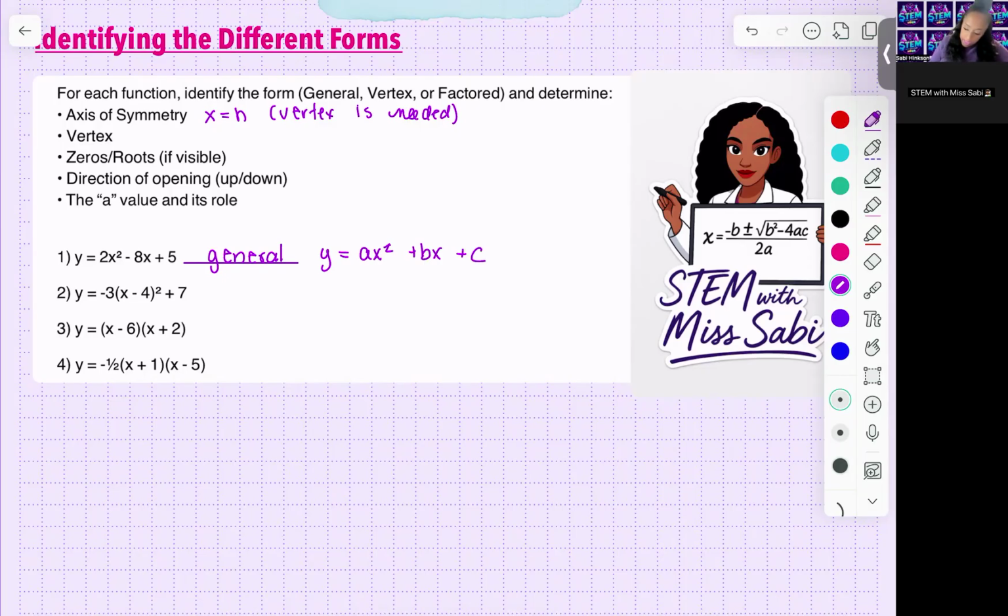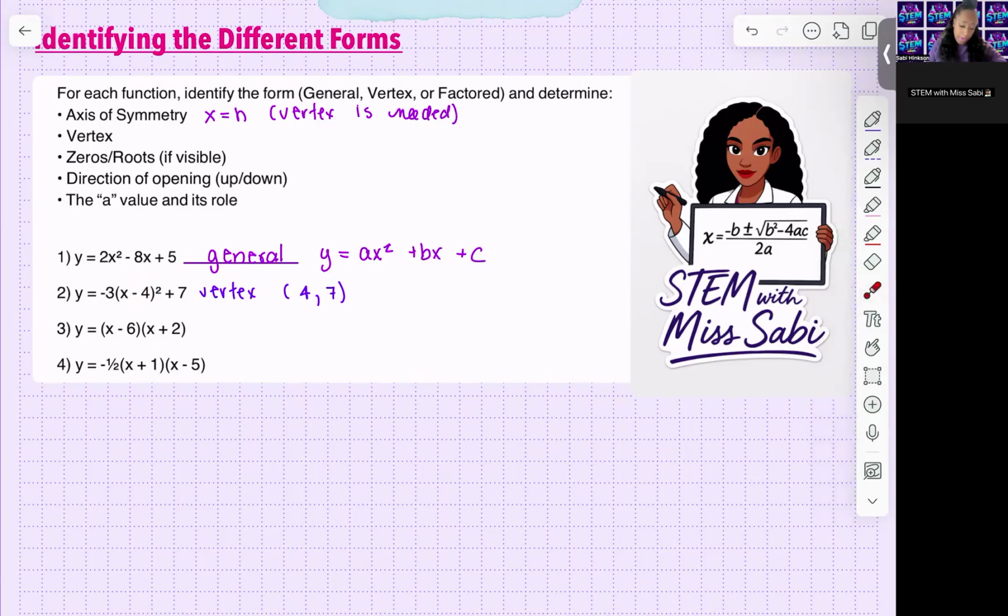The second one is vertex form, and the vertex is (4, 7). Remember the general rule of how it's written is x minus h. So if your h is positive, then it remains negative; if your h were negative, this would have turned into a plus. So your vertex is (4, 7).